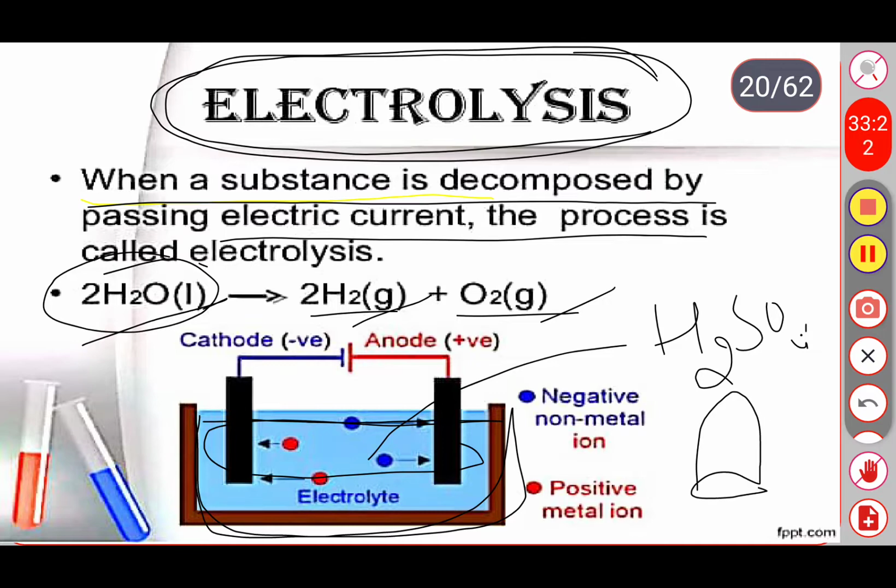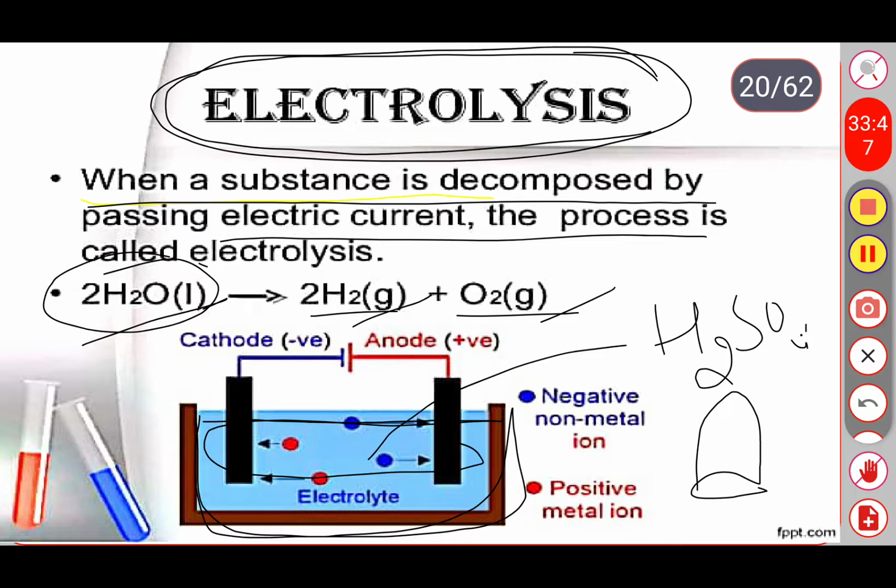Once the electric current is slowly passed through the voltmeter, bubbles of gases will appear on top of the electrodes in both test tubes. This means the water is completely decomposed and forms hydrogen and oxygen. So this is the process of electrolysis.